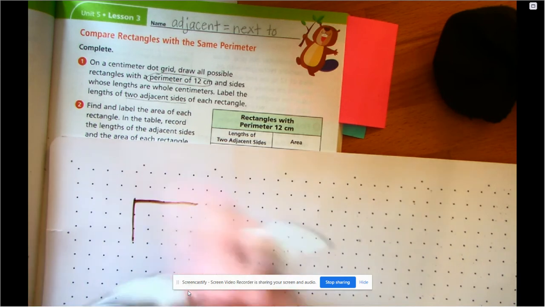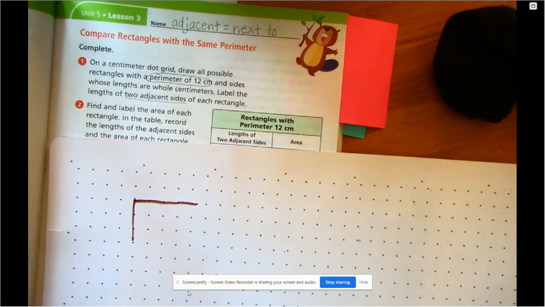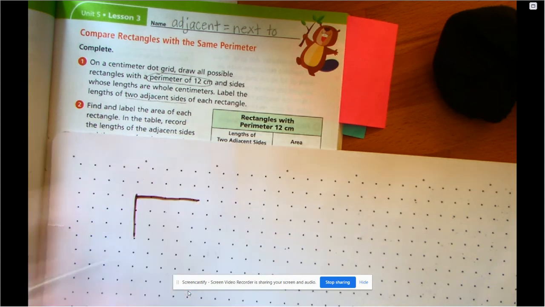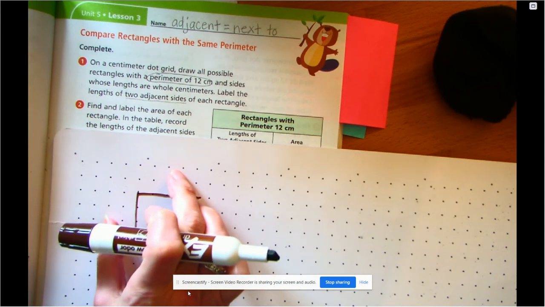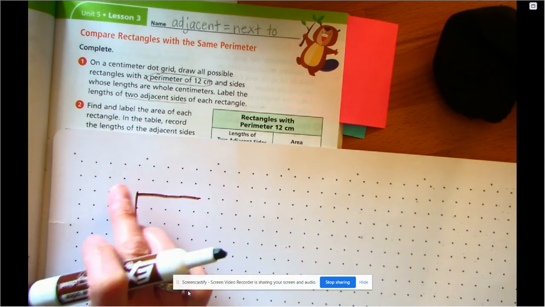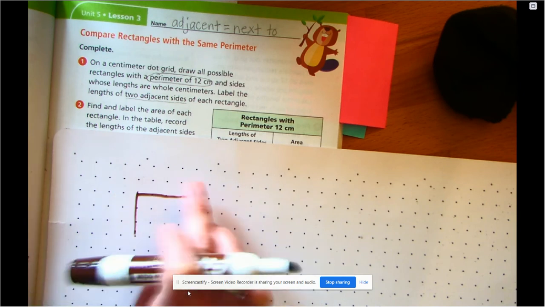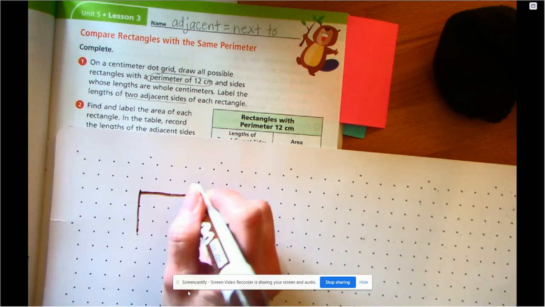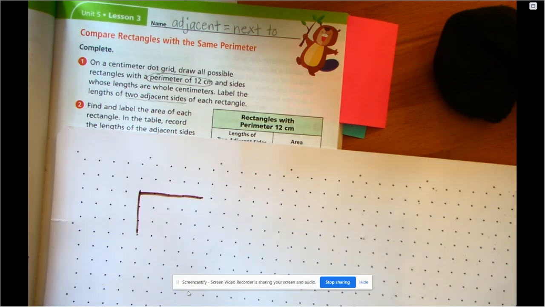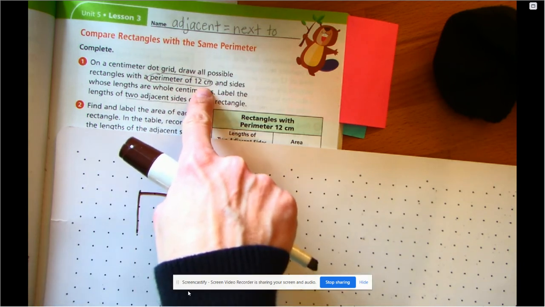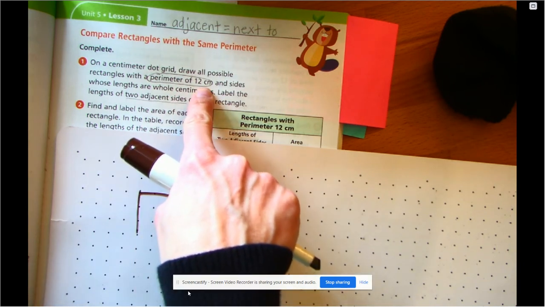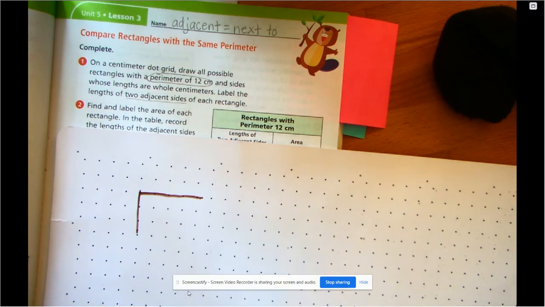Right, if all 4 sides add up to 12, remember these 2 side lengths are just half of that, right? So what would these 2 sides need to add up to? If the whole thing has to add up to 12, then the adjacent sides, the sides that are next to each other, have to add up to half of that, right, to 6. So my adjacent sides need to equal 6. So I'm going to write that down here.